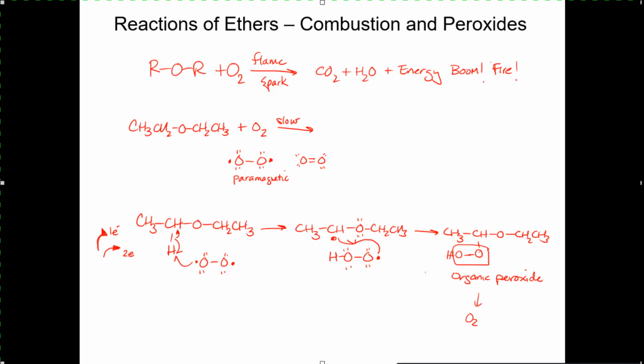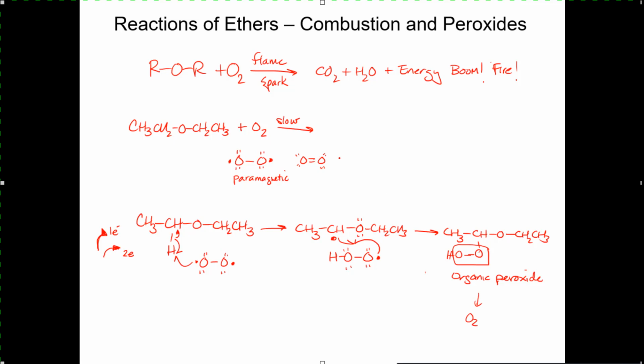And so organic peroxides like ether peroxides tend to be solids. If they're shocked or heated, they'll undergo a tremendous expansion of volume and basically explode. So the problem with diethyl ether is over time it will react with oxygen and form a peroxide.